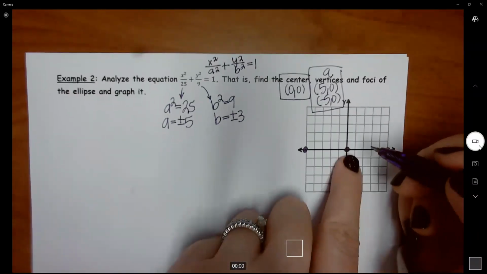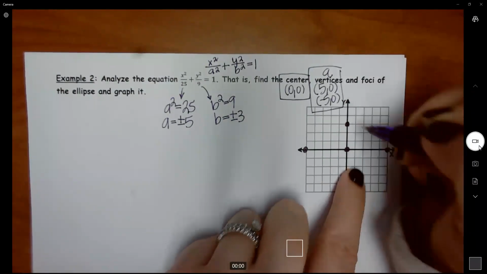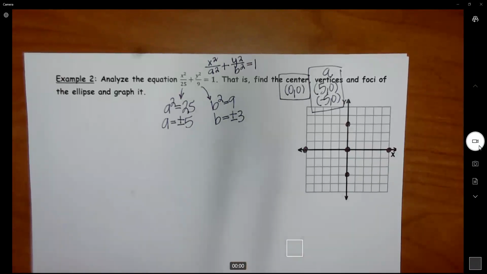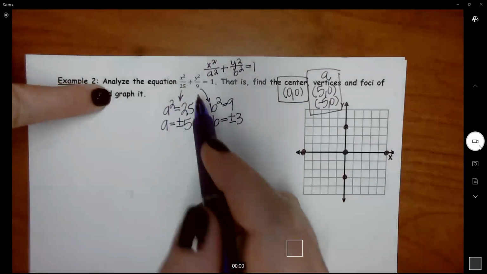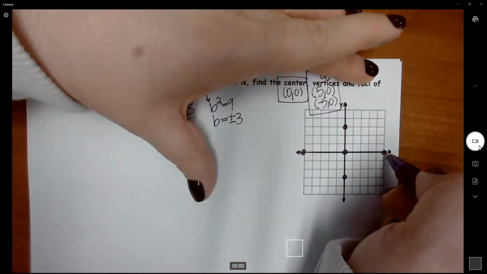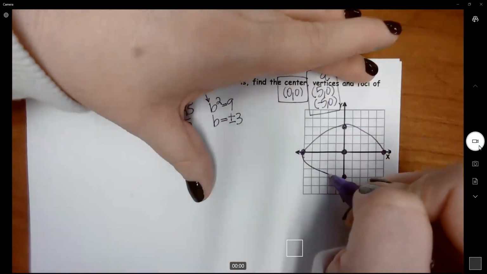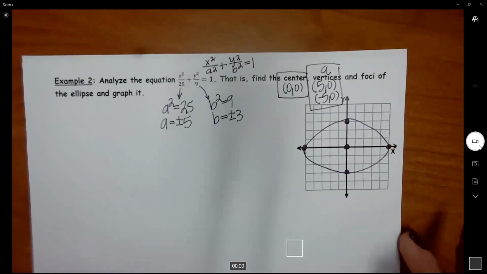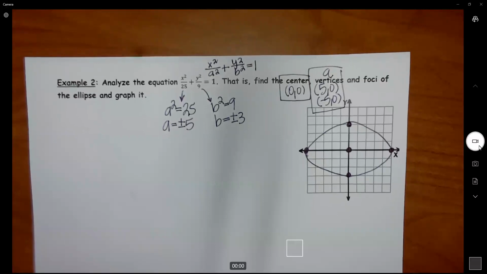Okay, so from my center, I can go up 1, 2, 3, and I can go down 1, 2, 3. All right, so this equation is enough to graph this. And you can see this one is a little bit more oval-like. Mine looks more like an eyeball, but it should be more oval-like because these numbers are further apart from each other.